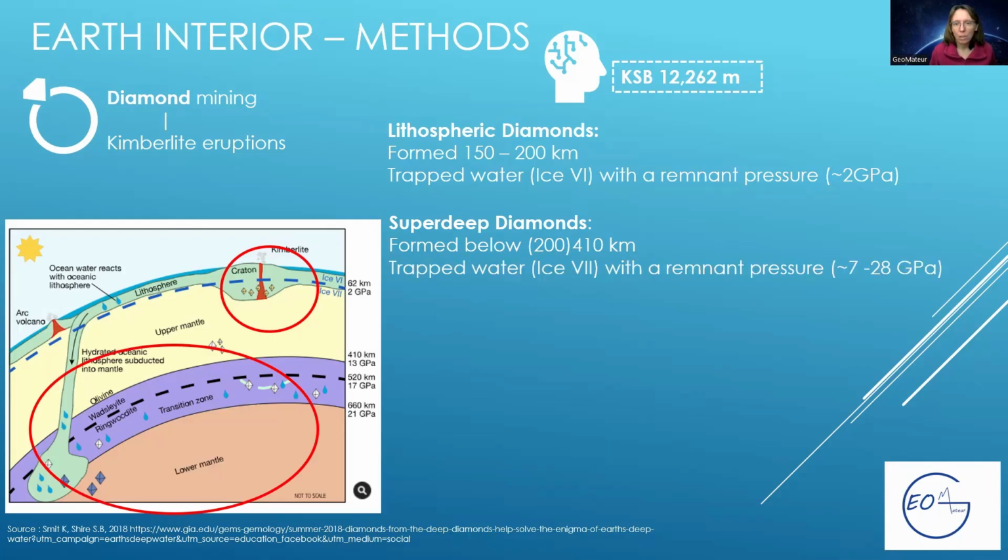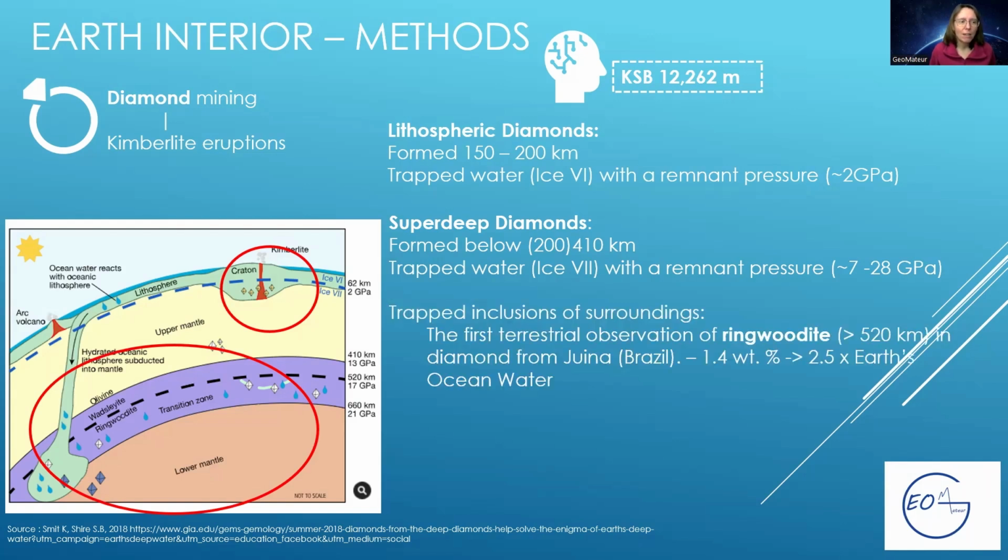And also if the water is trapped, that gives us information about pressure at that depth. And what is more interesting, and we are really lucky, the diamond can have an inclusion of surrounding minerals.